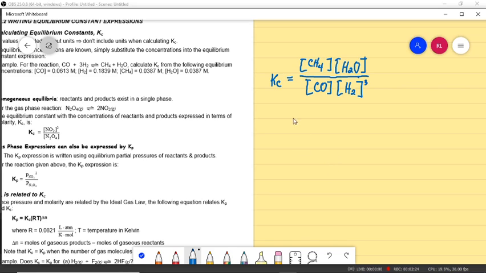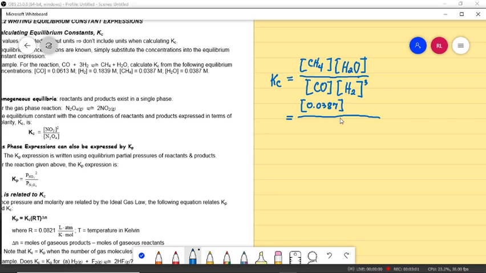Okay, so substitute to the equation. You see the concentration of your methane is, okay, let's write this properly. Let's have enough space. Okay, so you have concentration of your methane is 0.0387.